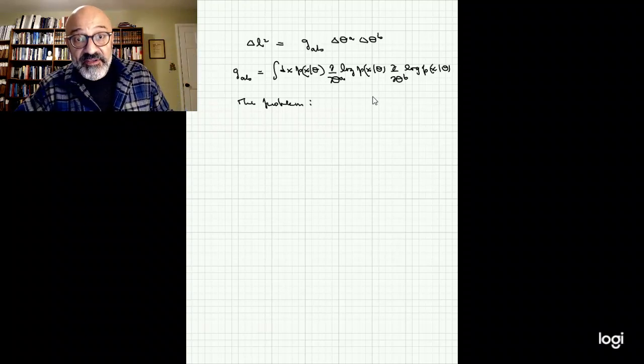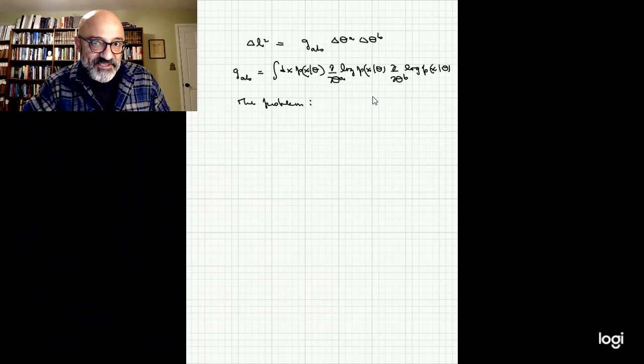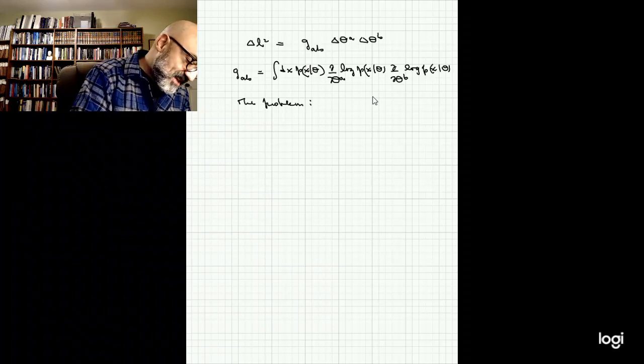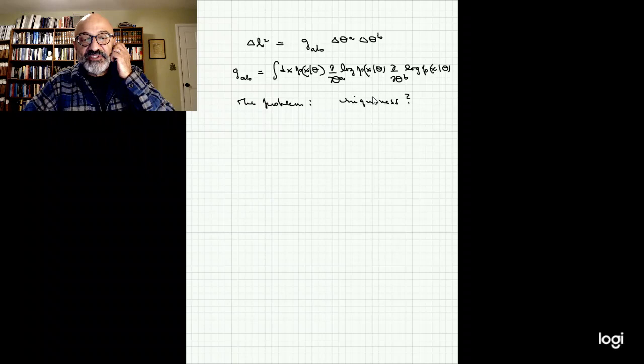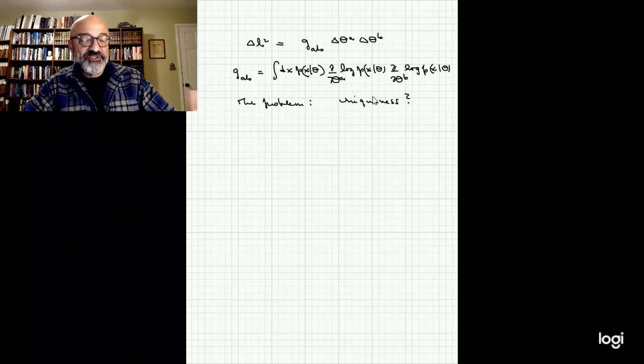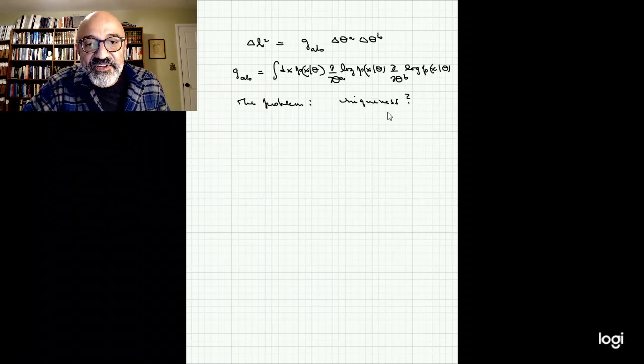Are there other measures of distance? Are there other ways to formulate a metric geometry on statistical manifolds? While this derivation is very nice in that it provides a nice intuition of what it is that we're doing when we do information geometry, it is very, very deficient in that it gives absolutely no hint as to whether there are other possibilities.